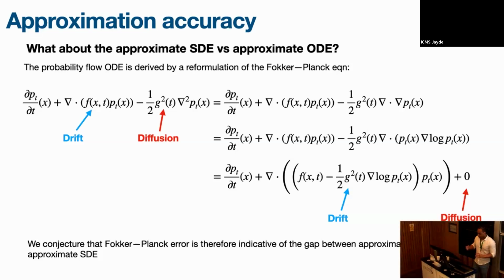But either way, you end up with a deterministic flow of your probability mass, which you can describe by an ODE. And so the conjecture is that since this is how you come up with this probability flow ODE, then the gap between the SDE and ODE distributions should somehow be indicated by some error in this Fokker-Planck equation.